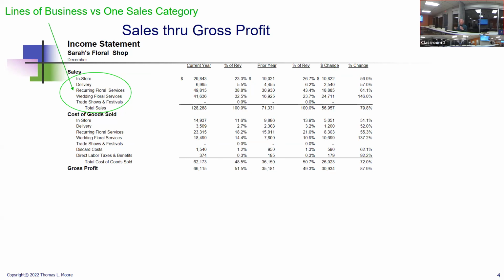So cost of goods sold is something known as a variable expense, a variable cost. And the reason it's called variable is because when sales go up, your cost of goods sold or your variable costs tend to go up with it. Okay. When sales go down, your cost of goods sold tends to drop as well.